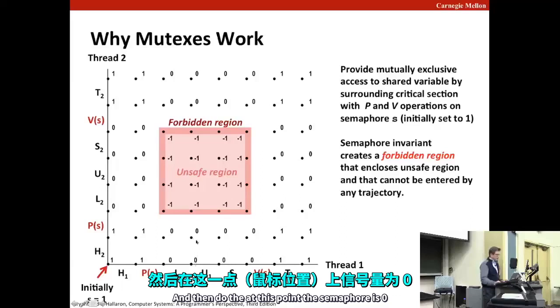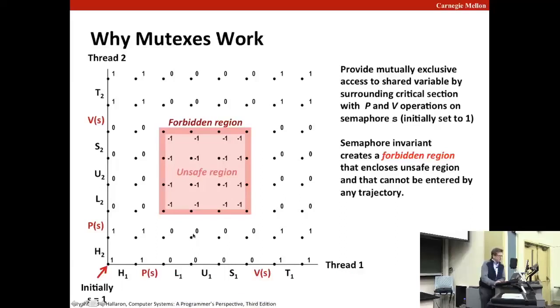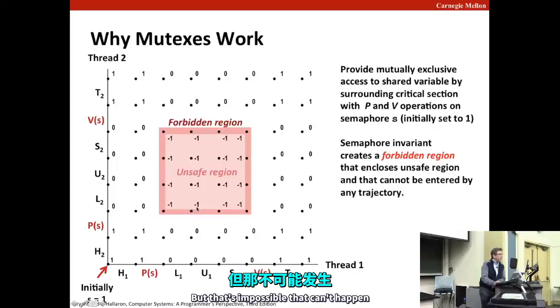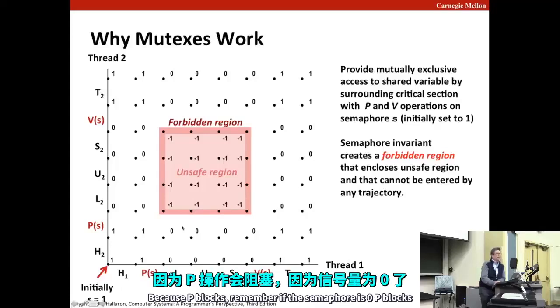At this point the semaphore is 0, and then P decrements the semaphore, so now it's -1. But that's impossible. That can't happen because P blocks. Remember, if the semaphore is 0, P blocks.